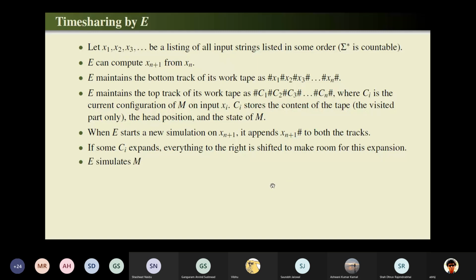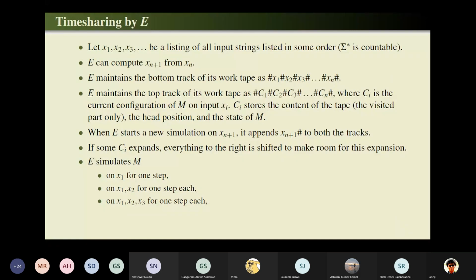And E simulates M in this fashion: on X1 for one step, then on X1 for one step, X2 for one step, then on X1 for one step, X2 for one step, X3 for one step, and so on.